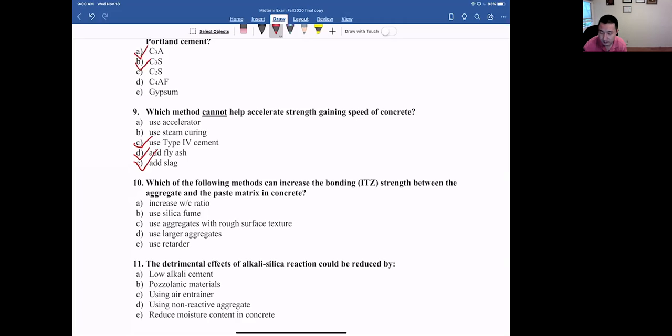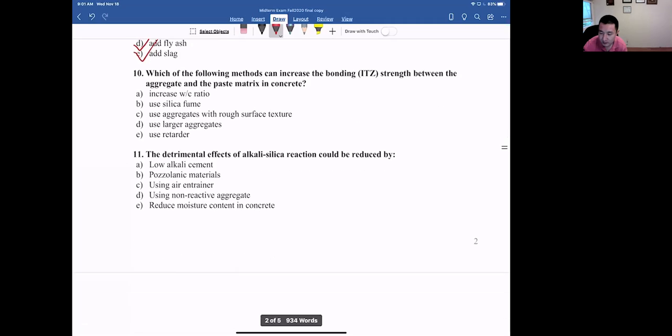Question number 10. Which of the following methods can increase ITZ strength? In the lecture on aggregate, we talked about ITZ and how we can improve the ITZ and also the strength of concrete. So let's look at A, increase the water cement ratio. That does not help. That will reduce the bonding between paste and aggregate.